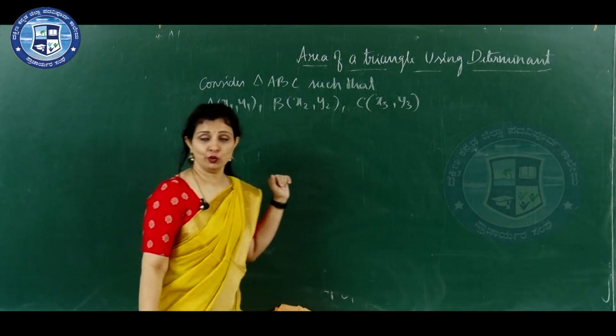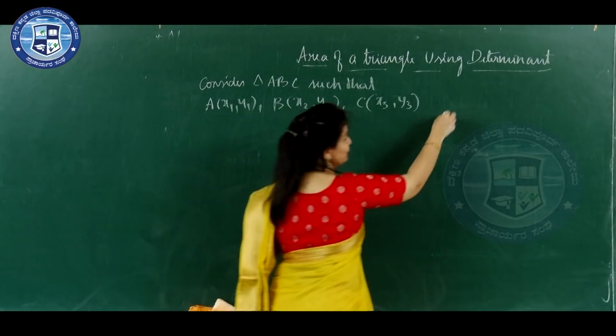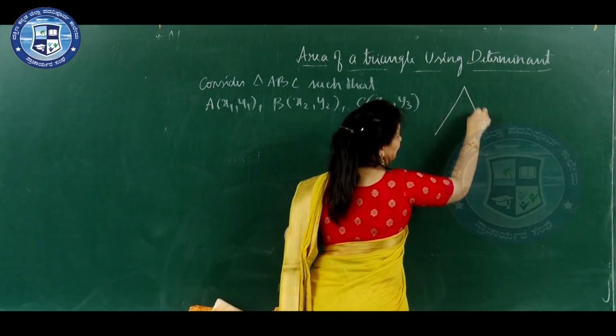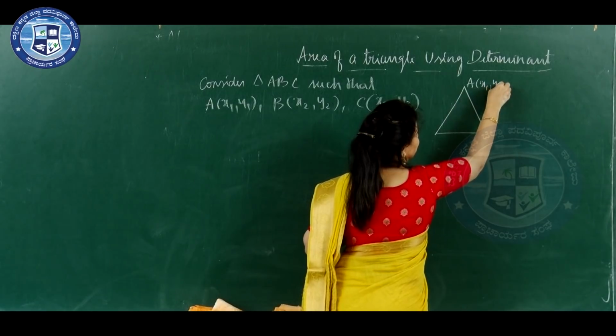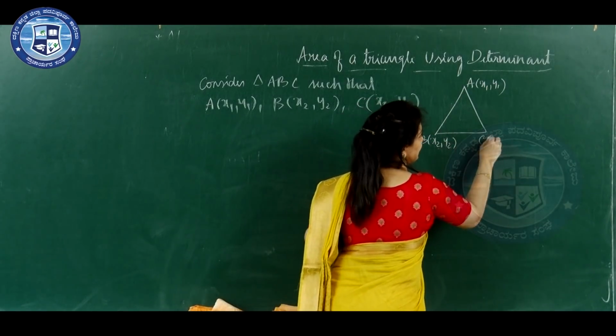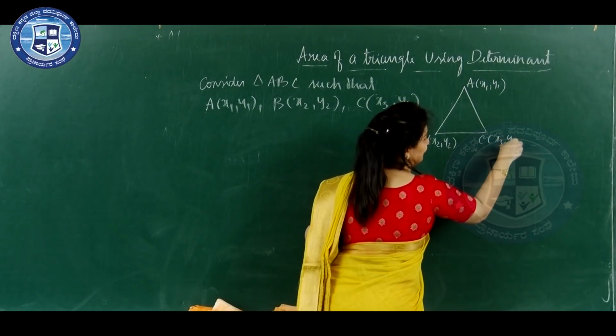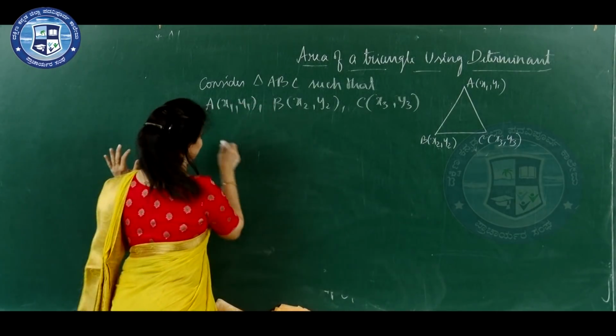If the coordinates are known, then how to find the area? If the coordinates are A (x1, y1), B (x2, y2), C (x3, y3), what is the area of a triangle?